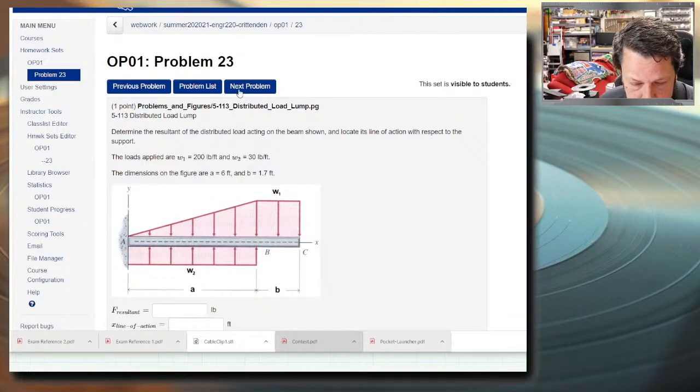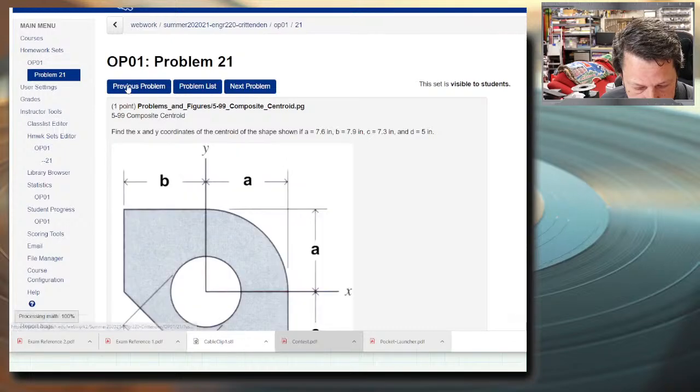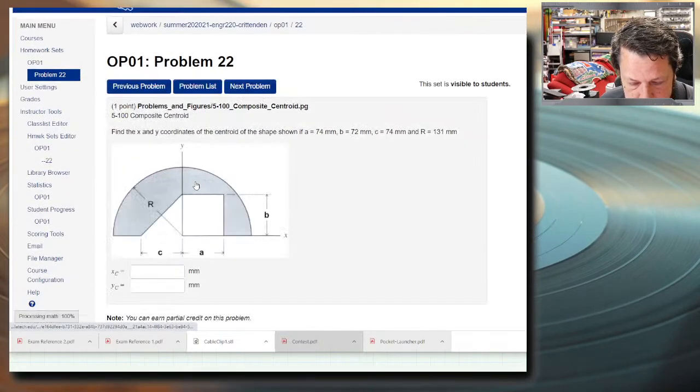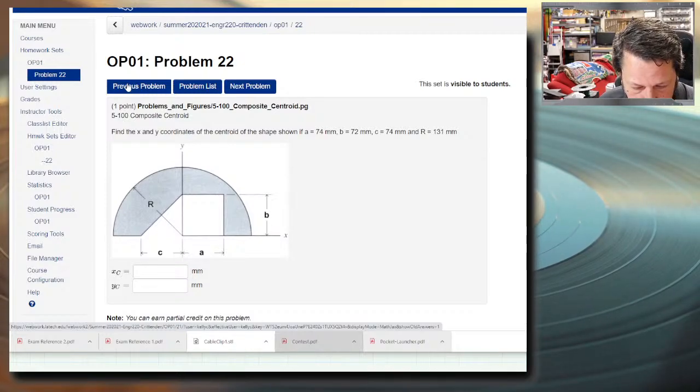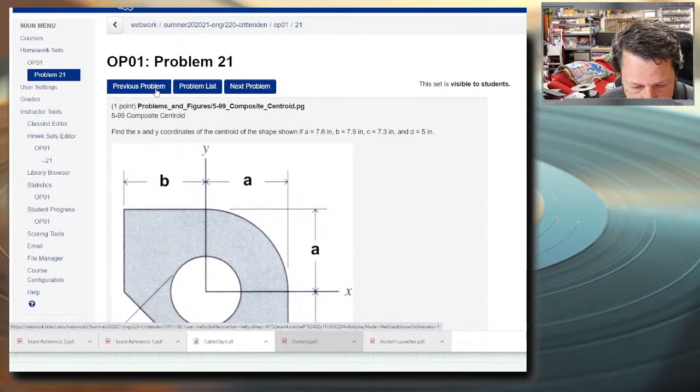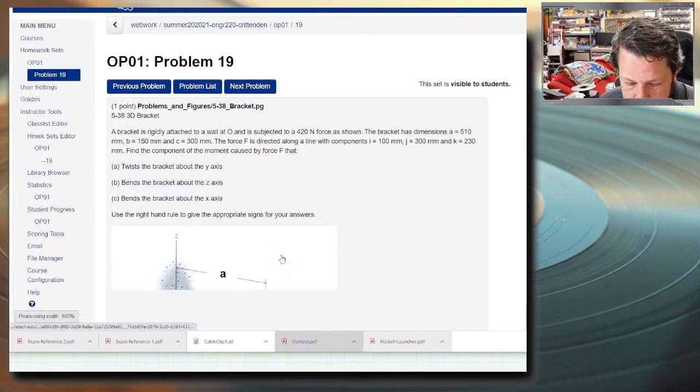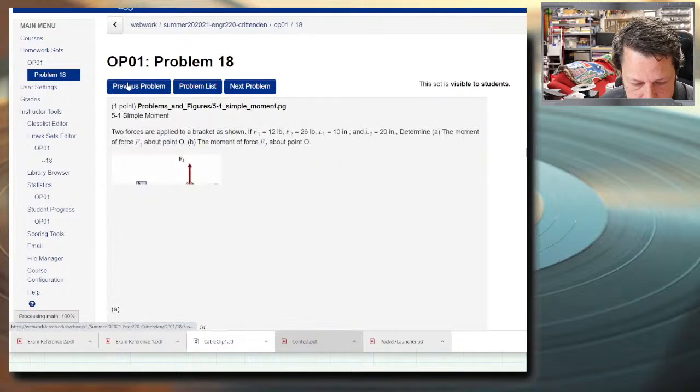Hey, well, there's one of these for you to work on. And some centroids. This problem has actually been a test problem before. You're not going to have to do one of the centroids by integration.